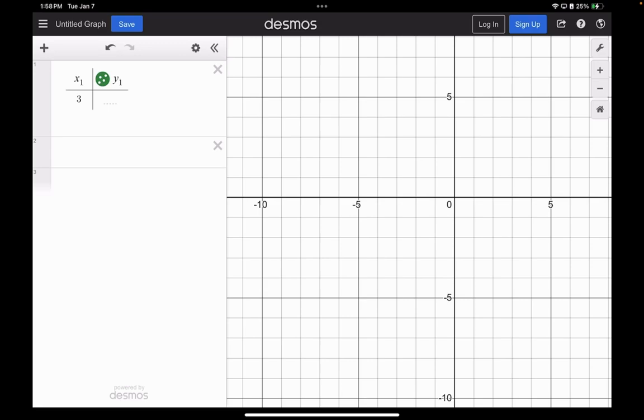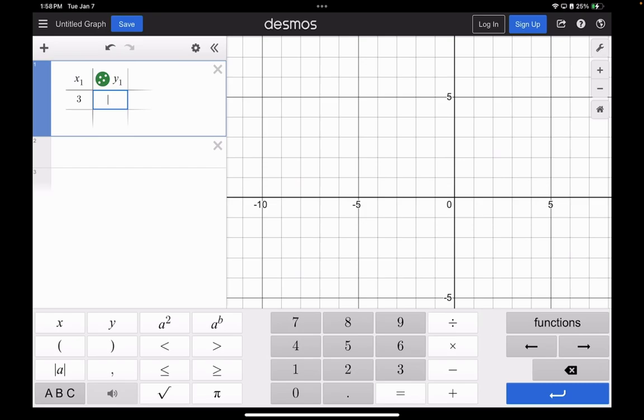So for 3, I have 290.1, and then for 4, I have 292.8. And then for 5, all the way down.